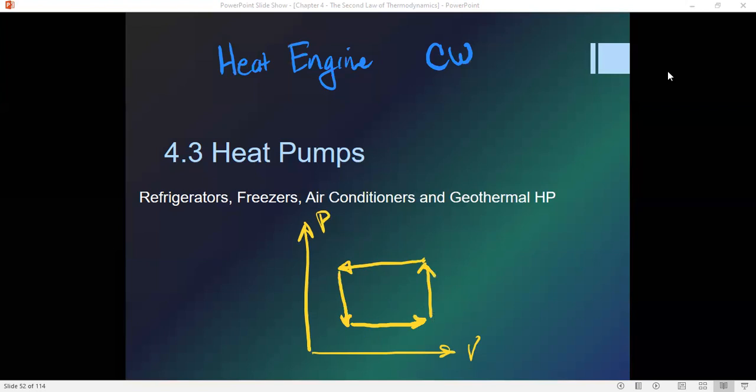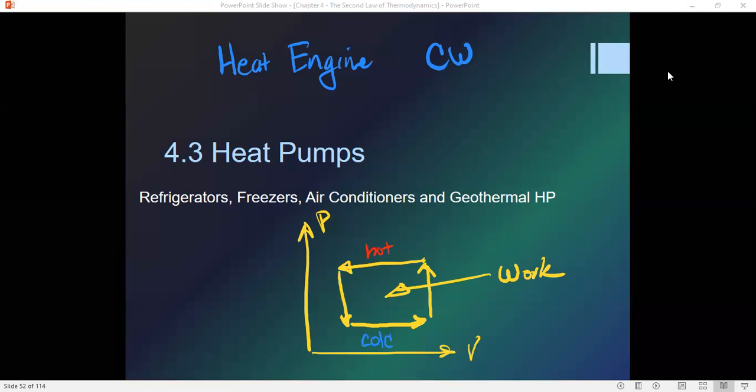Now, if you think about a heat engine, we're getting work done out of it, okay? A heat pump is just the opposite. Instead of getting work out, we're putting work into the system, and as a result, we are moving heat from the cold reservoir to the hot reservoir.